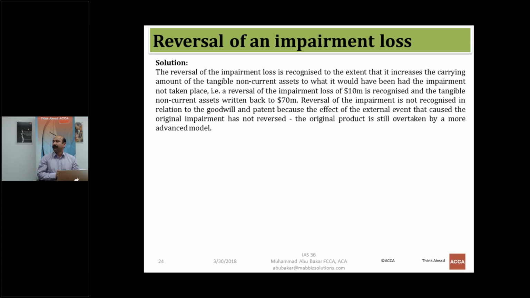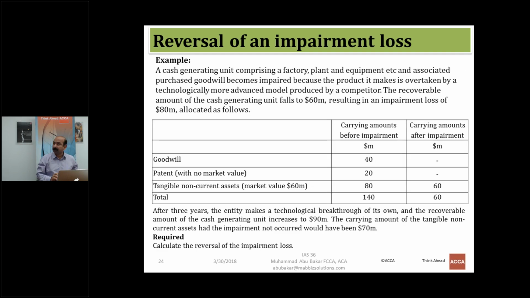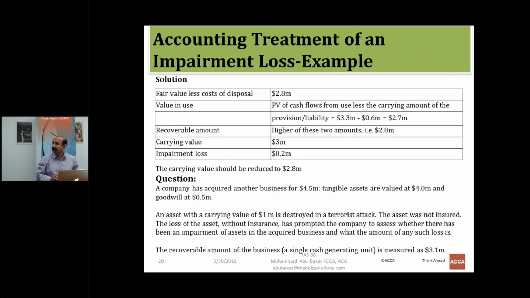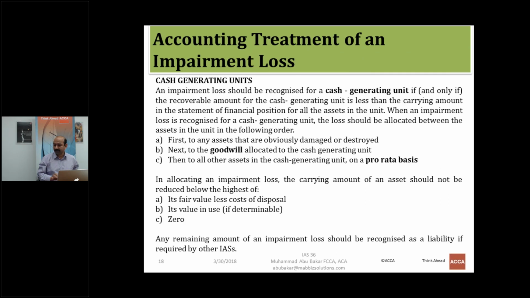Of course, you will not be reversing goodwill. Something damaged will not be reversed, of course, because that is damaged. So this will all be allocated to these assets on a pro rata basis.